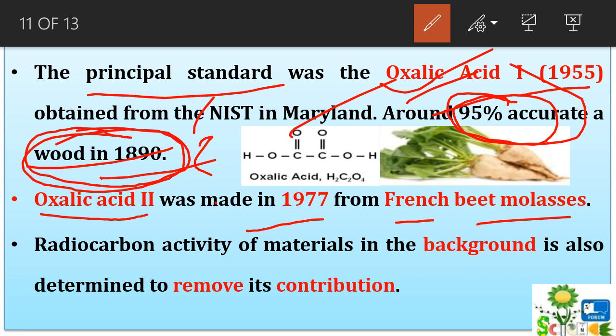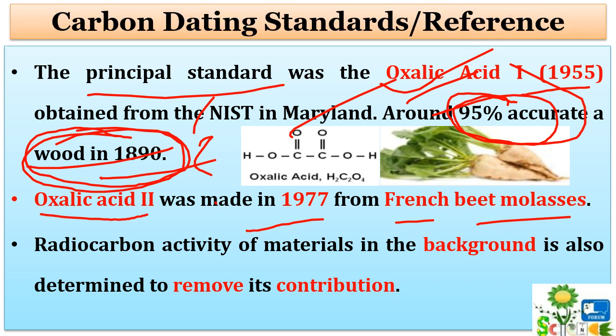Other than this, in current times there are various standards for detecting radioisotopes and artifact age. The radioactivity of background material is also determined to remove its contribution, because a fossil sample not only contains the living matter, it is also associated with various mineral ions and other artifacts.